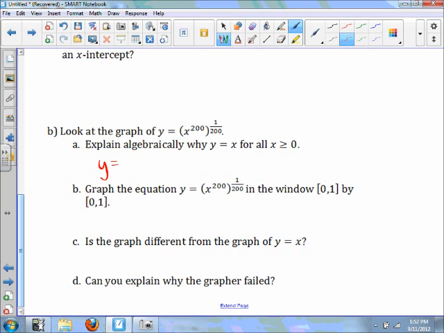Well, if we do this, what we'll have, you should know when you multiply your powers, you'll get y equals x, for all x greater than or equal to 0.